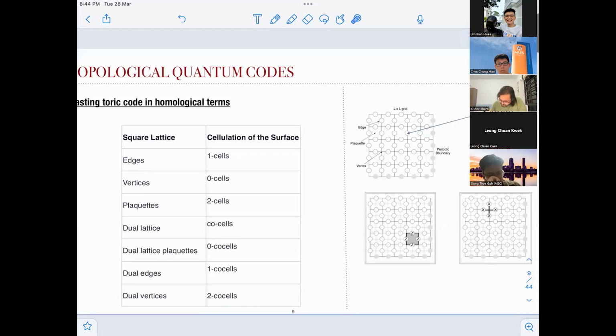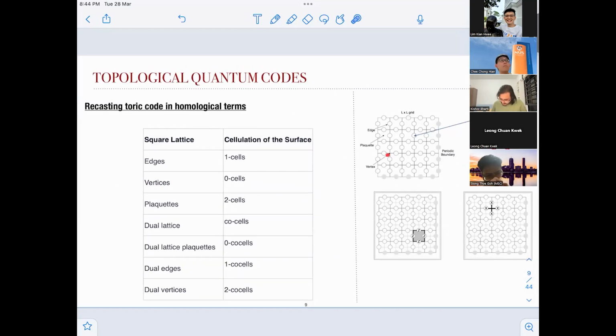We have these vertices, these are the plaquettes, and these are edges. We have an L cross L grid with periodic boundary conditions, and these are our plaquette operators and these are the vertex operators.